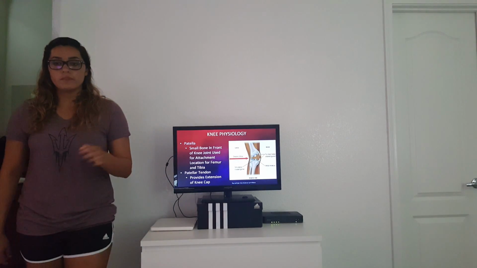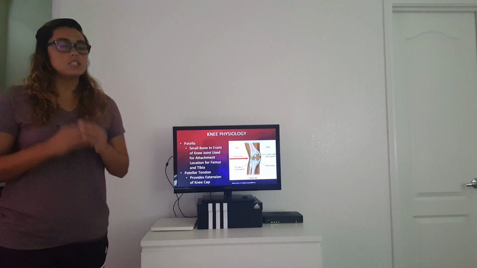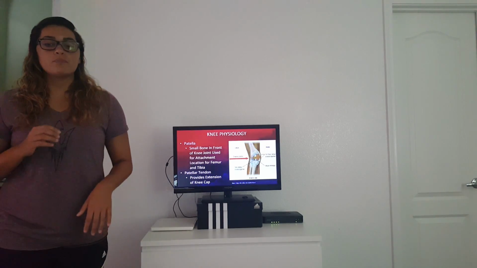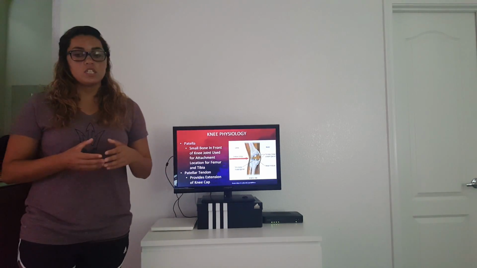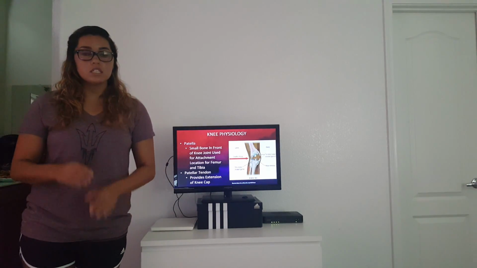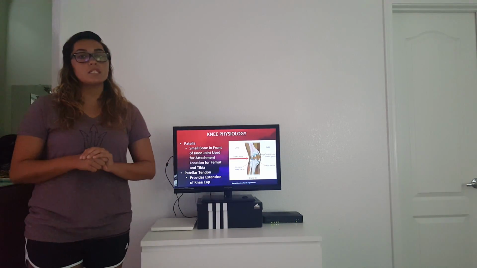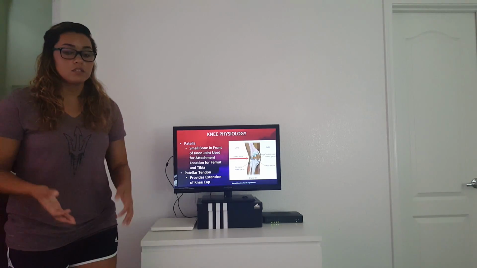Then you have your physiology. So the patella is a small bone located right on top of your knee that protects the knee attachments from getting further injured. Then you have your patellar tendon, which goes directly over the top of the knee, which helps the patella stay in place so it is not able to shift around.